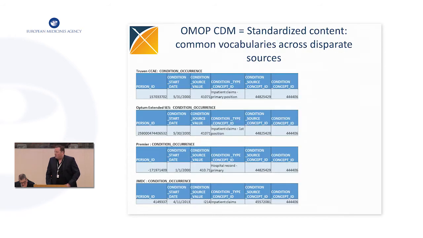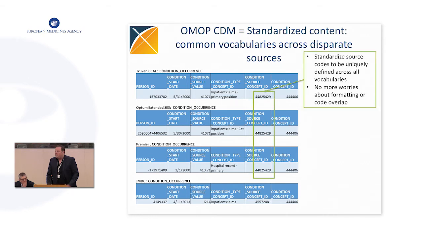What's also important is that we want to find a way to standardize the coding systems that we use. And we all know in Europe that's a big problem. We have many different coding systems for all the different domains that we work with. And we like to find a way to make that easier to search in the databases using standardized vocabularies.